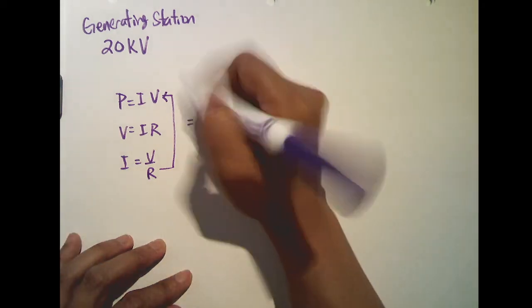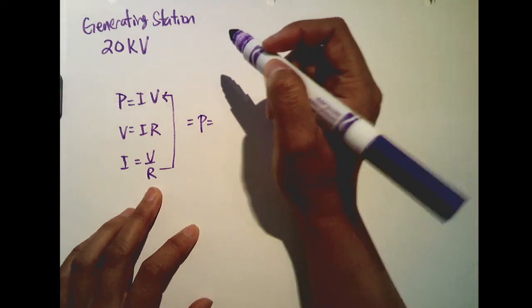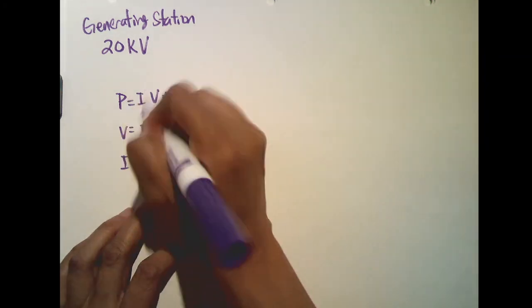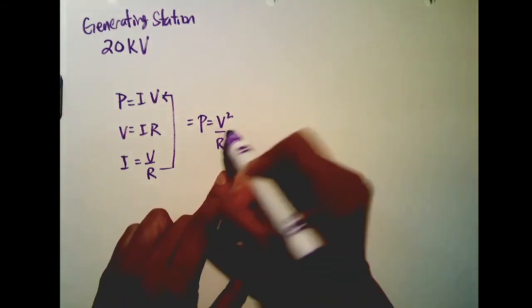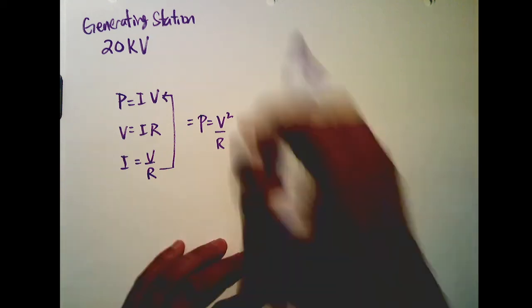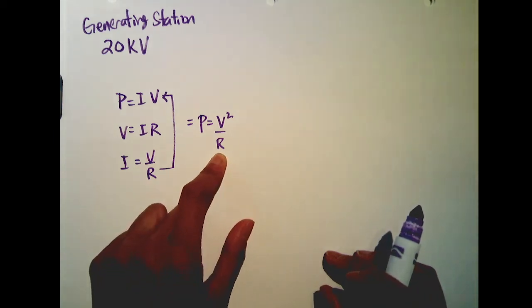This is going to be power is equal to V squared over R. So I'm replacing the I, okay, just so you know. So the power can be conserved, or more power can be transferred if you increase the voltage and decrease the resistance in the wire.